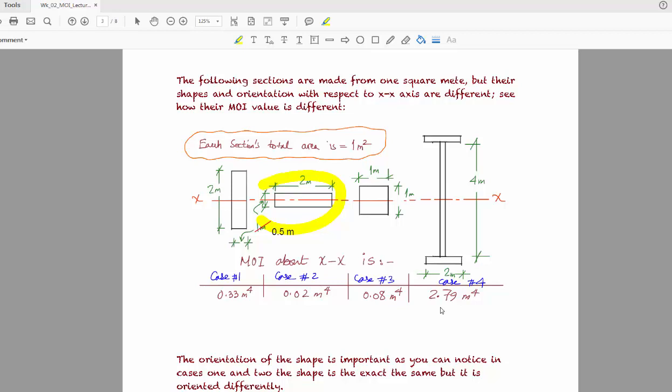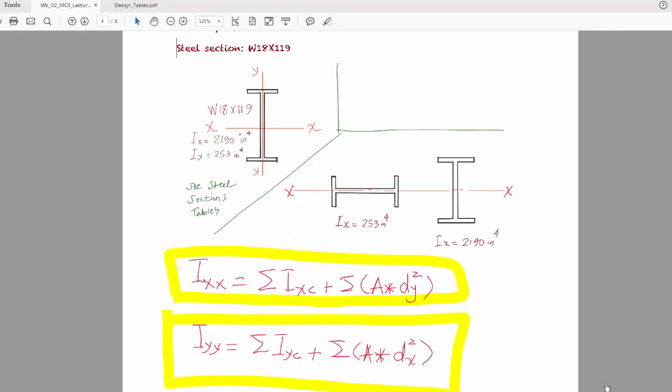And if you compare this to the weakest one, which is 0.02, so if you do 2.79 divided by 0.02, it's almost 140 times stronger than the weakest case. So again, you see here the strength, or the moment of inertia, is very much a factor of shape and orientation.